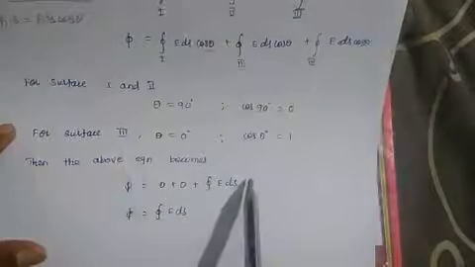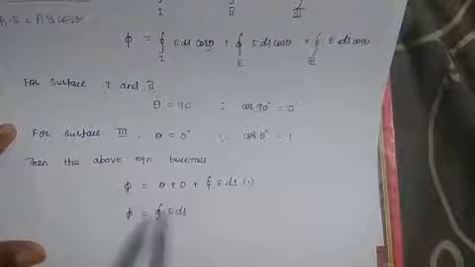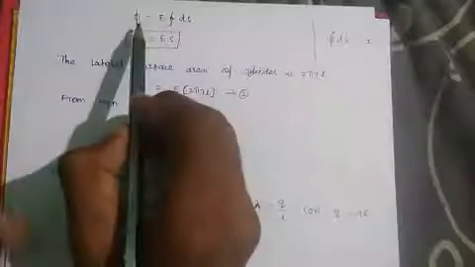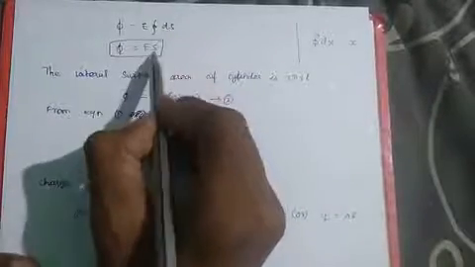When you substitute 1 in the above equation, phi will be equal to the integral of E dot ds. E is a constant, so take it outside. The integral of ds is s. This is the expression you get.